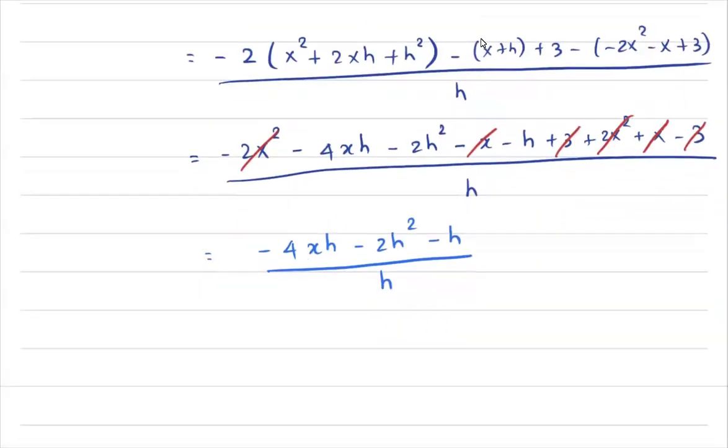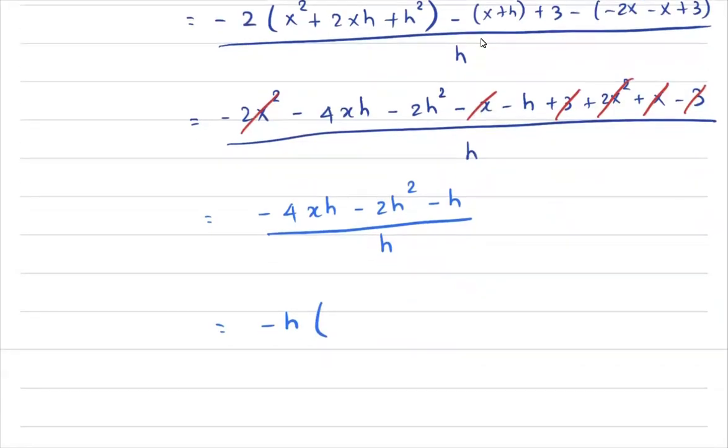So what does the numerator have in common? The numerator has h in common. Specifically, it has negative h in common. So I'm going to factor the negative h from the numerator. When I do that, I'm left with 4x plus 2h plus 1 all over h.